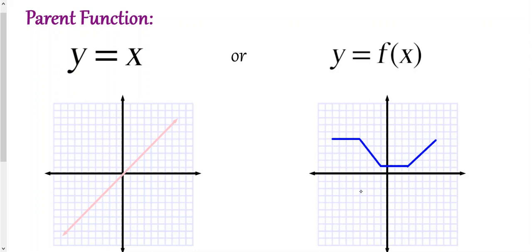I just drew a function, because if we remember, if it were to pass the vertical line test, which let me get my vertical line, this example would be considered a function because my vertical line only touches the blue graph once each time. We'll have many different examples of parent functions as we move through the curriculum, but I just wanted to give you these two right now.